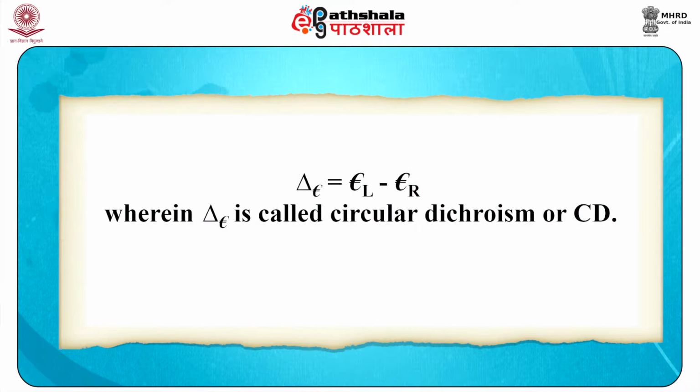When circularly polarized light is differentially absorbed, or the extinction coefficients for left and right circularly polarized light are epsilon L and epsilon R, then delta epsilon is equal to epsilon L minus epsilon R, wherein delta epsilon is called circular dichroism or CD.